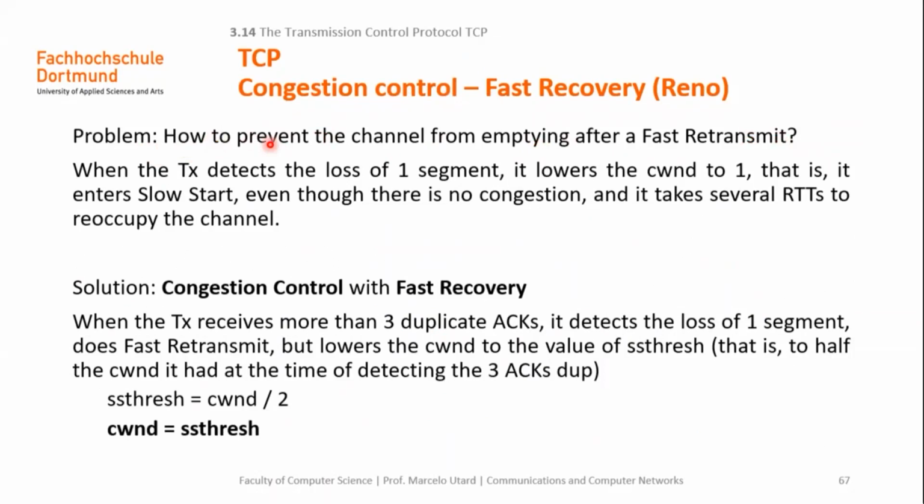When the transmitter detects the loss of one segment, it lowers the congestion window to 1. That is, it enters slow start even though there is no congestion, for instance. And it takes several round trip times to reoccupy the channel.